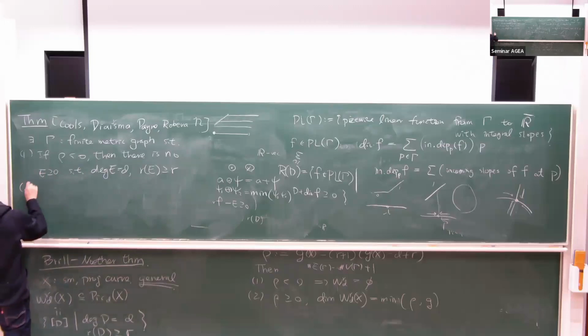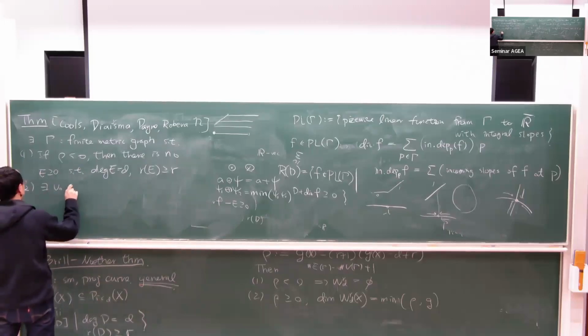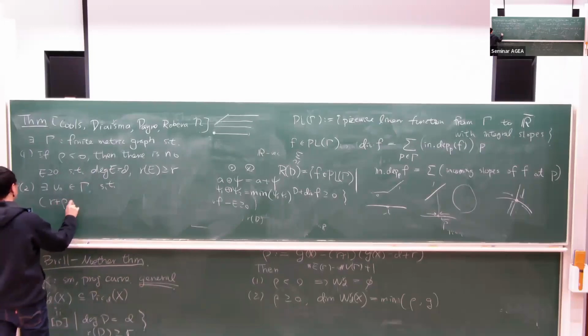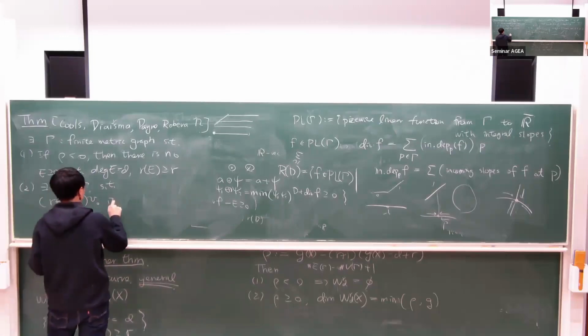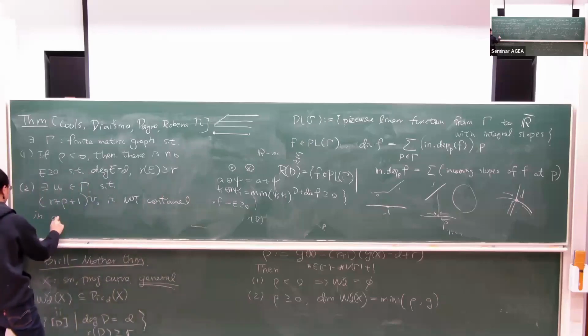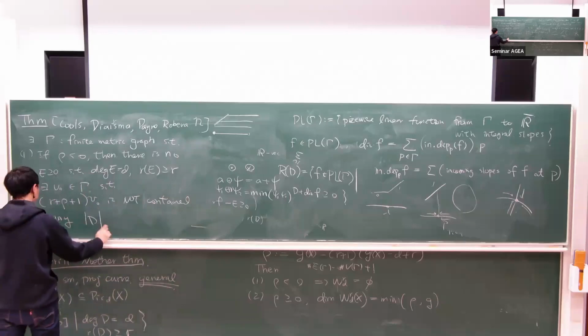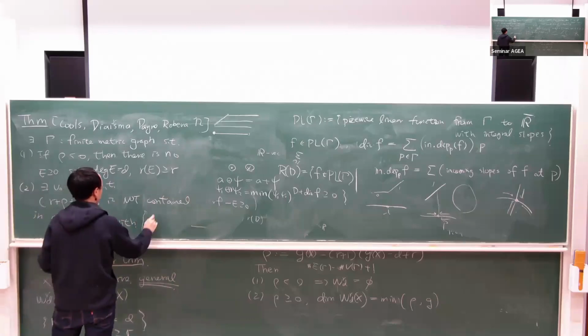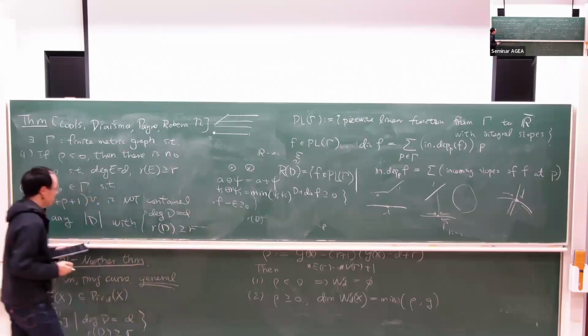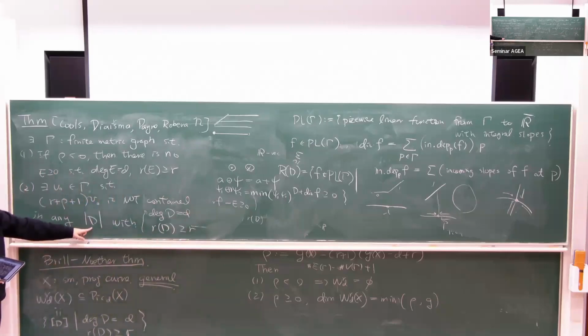So the second one, which might be a little bit different from the second item there, says that there is a special point on the graph such that if we consider the following divisor, then this is not contained in any complete linear system with degree D equal to D and rank greater or equal to R. So this is just all the effective divisors which are linearly equivalent to D. They are linearly equivalent if the difference is given by a piecewise linear function.